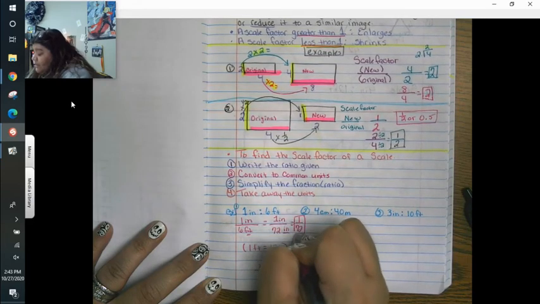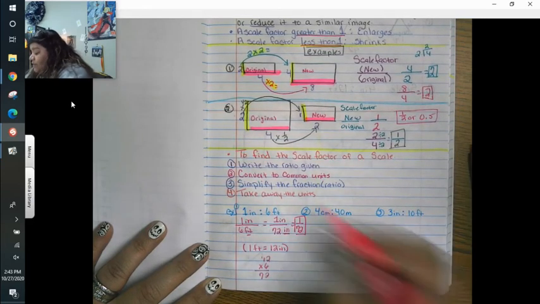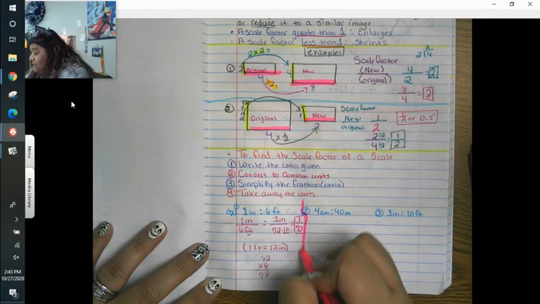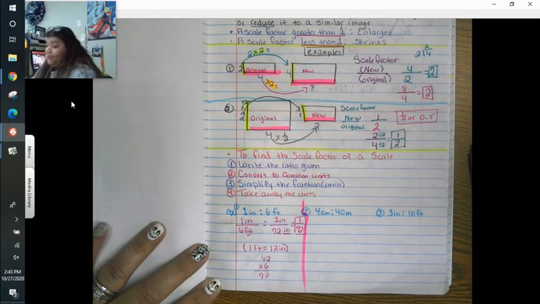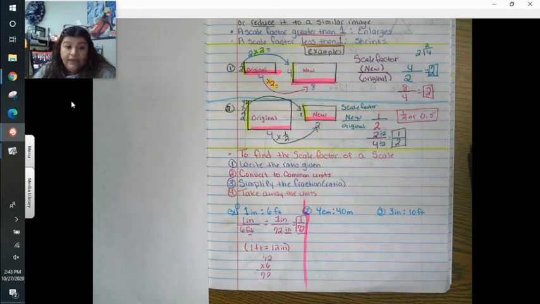Remember, we don't need the units. It just has a scale factor of 1 to 72. Okay, so again, you're converting your bigger unit, feet, into your smaller unit, inches, and then simplify the fraction and take off the units. That's it. Okay, let's do another one.